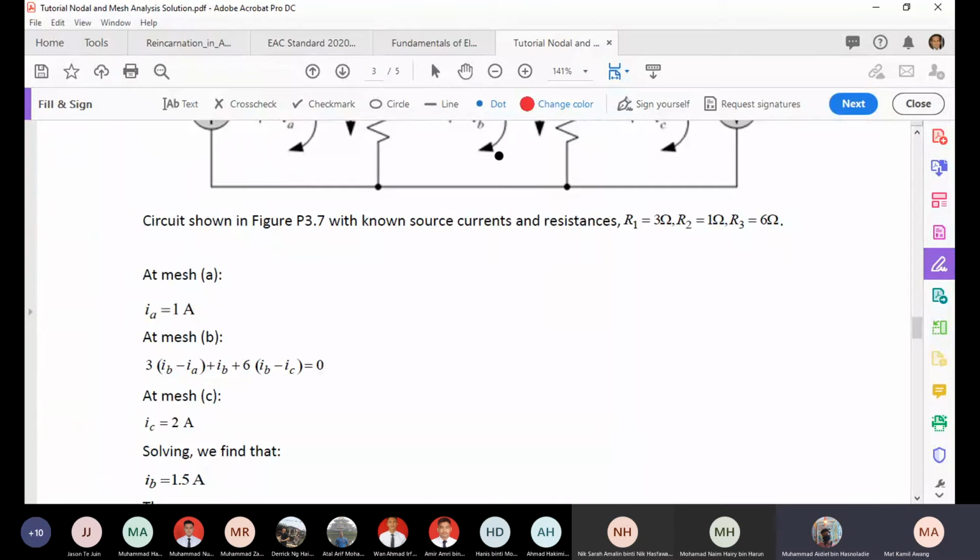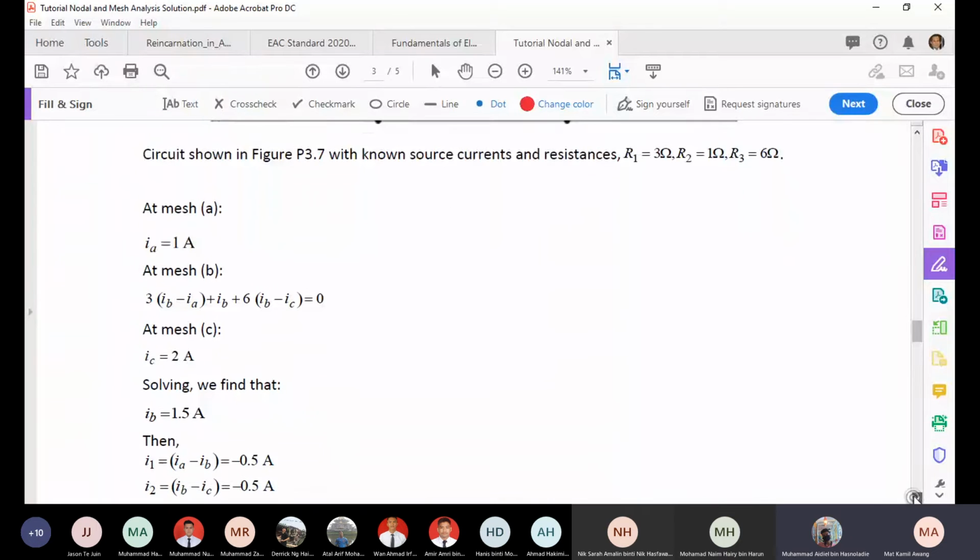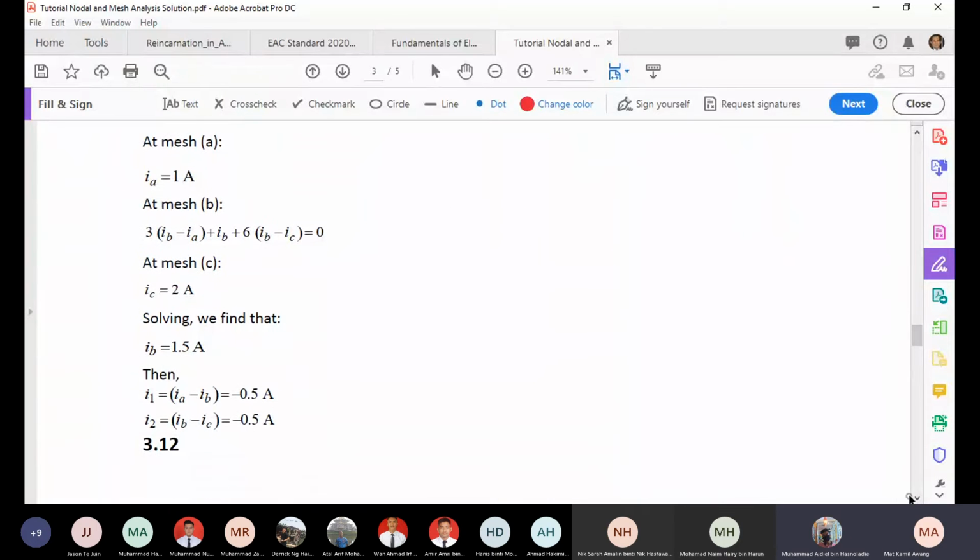Therefore you can find I1 and I2, because I1 is IA minus IB, and I2 is IB minus IC. So I1 is minus 0.5 amps, and I2 is minus 0.5 amps.